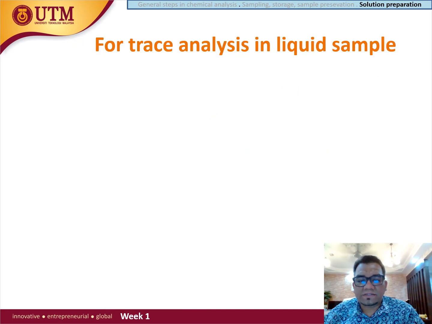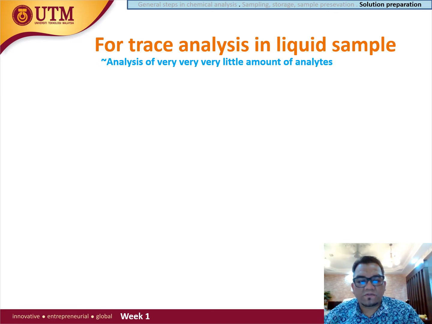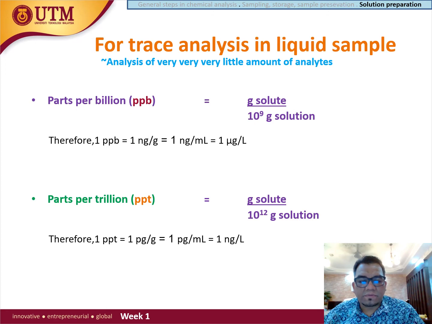So for trace analysis in liquid samples, it is analysis of very little amount of analytes. Parts per billion is gram of solute divided by 1 billion gram of solution.